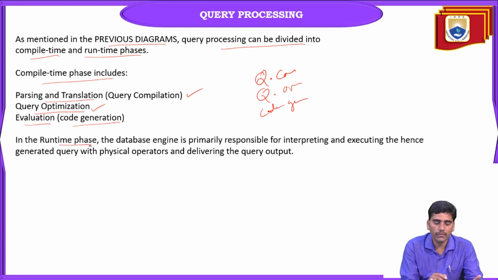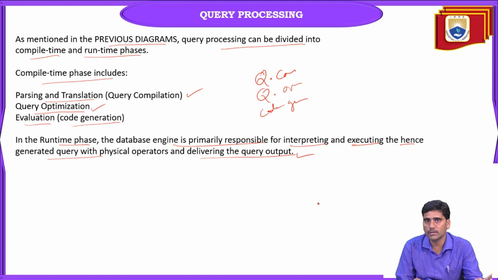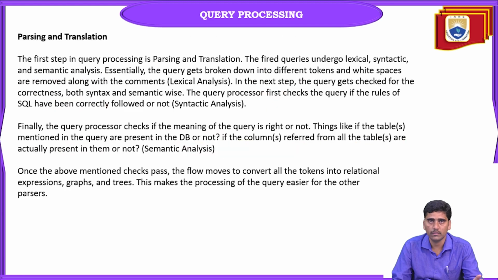In the runtime phase, the database engine is primarily responsible for interpreting and executing the generated query with the physical operators and delivering the query output. So after all these compile time and runtime phases, the query is evaluated to display the result.